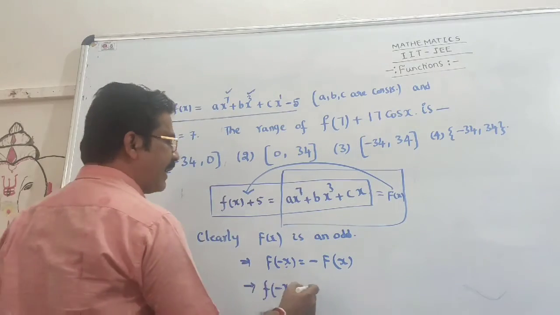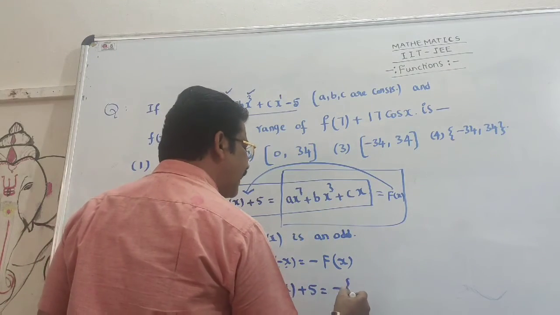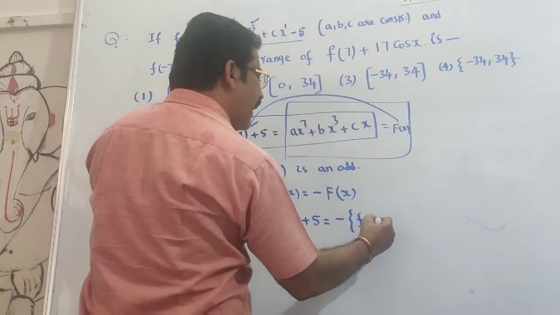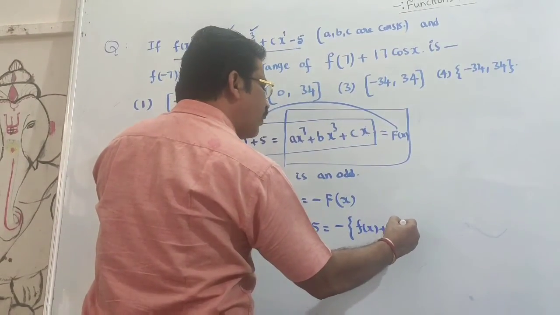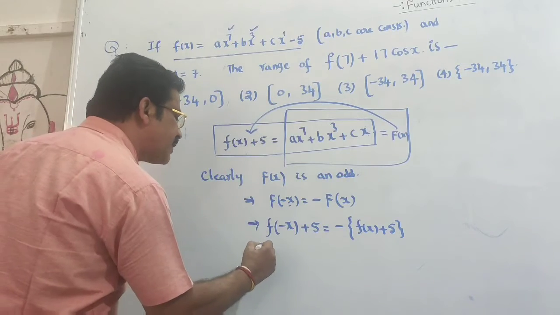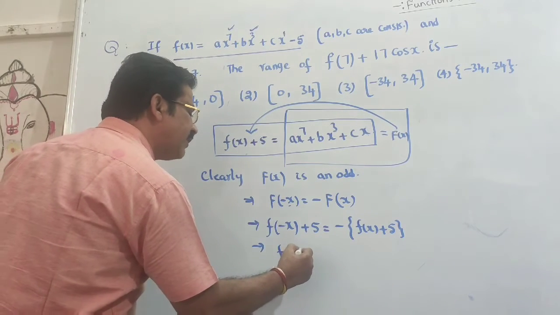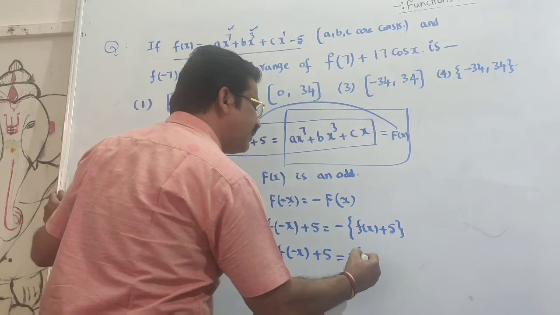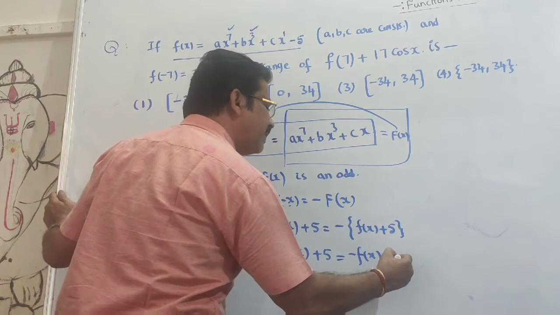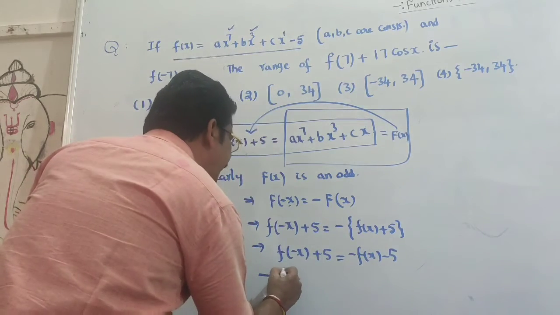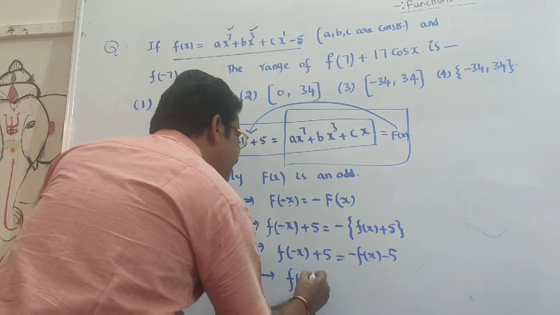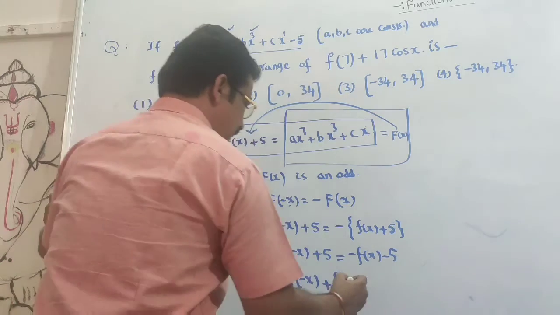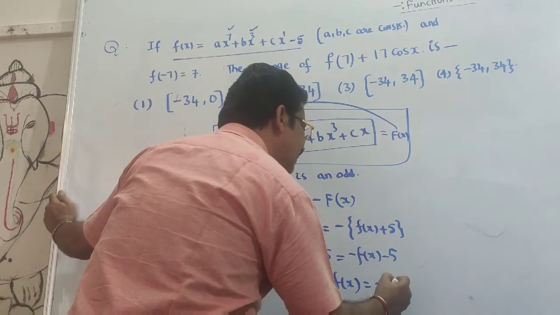That is equal to minus bracket, capital F of x, which is f of x plus 5. So on simplification, f of minus x plus 5 is equal to minus f of x minus 5. That implies f of minus x plus f of x is equal to minus 10.